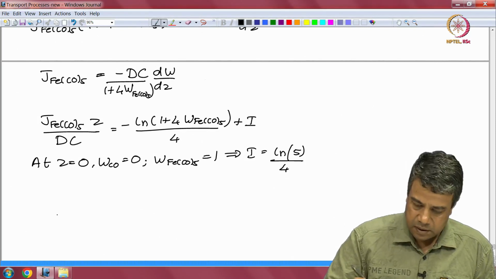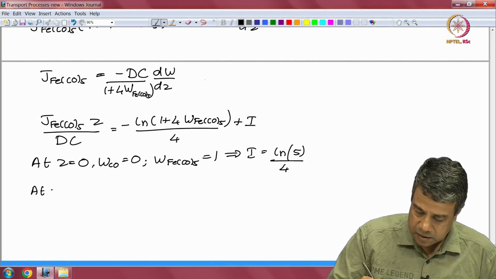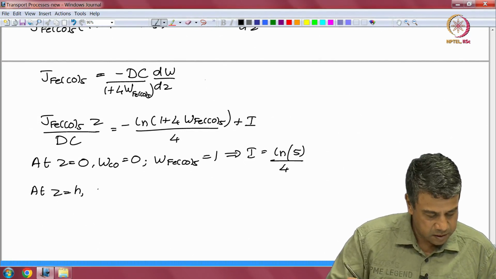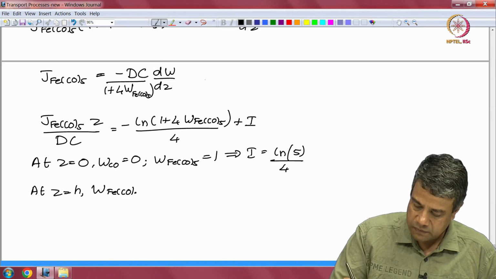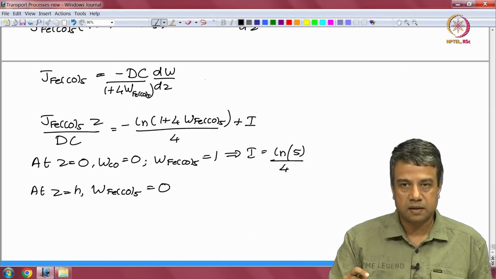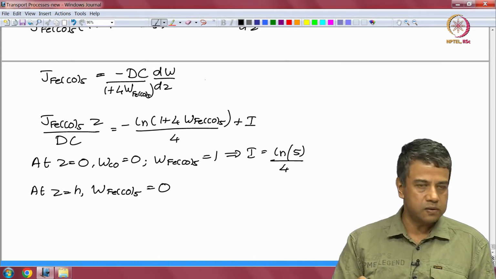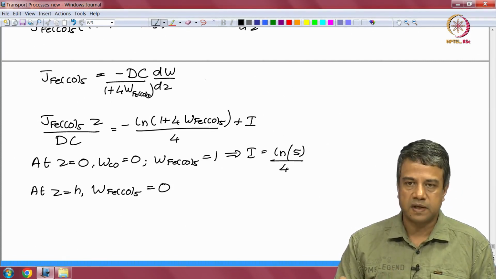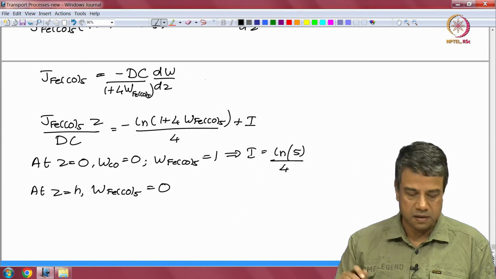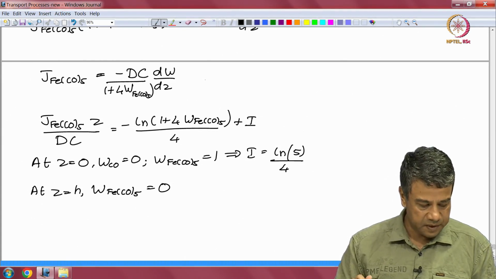Also at z equal to H, W_FeCO5 is equal to 0. I said the fraction can be approximated as 0 because at the top surface the stream is sufficiently fast that there is very little concentration of FeCO5 there.